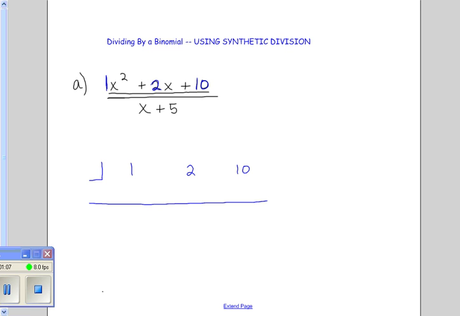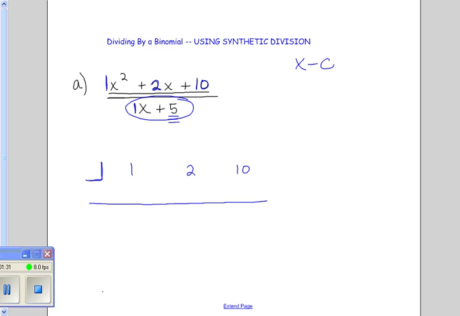The number that will go on the outside will be the constant part of your binomial that you're dividing by. Now, synthetic division works best when you are just dividing by a binomial of the form x minus c. That means your leading coefficient is a 1.